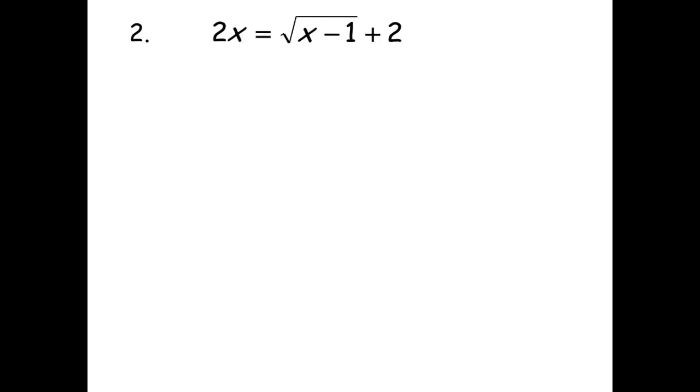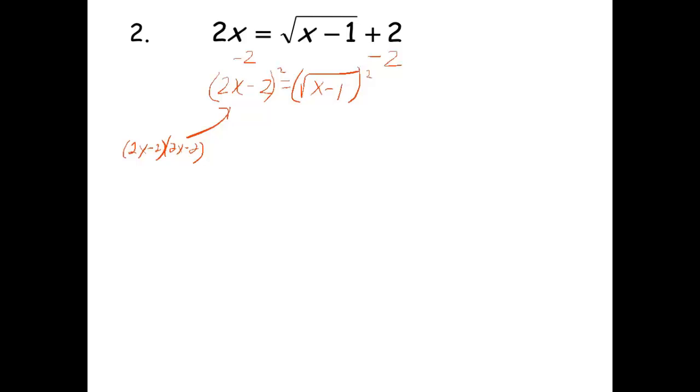Okay, so we have this square root. Remember, you want to isolate the square root. So my first task will be to move this plus 2. I'm going to subtract 2 on both sides. So now I have 2x minus 2 equals the square root of x minus 1. Now that I've isolated the radical, it's time to square both sides. Ooh, remember here that this really means 2x minus 2 times 2x minus 2.